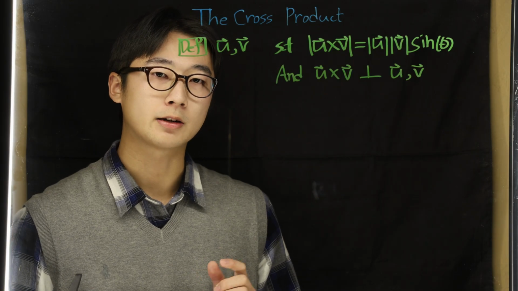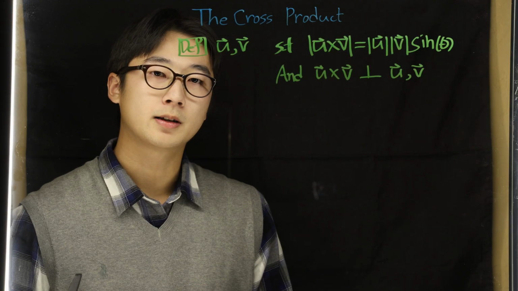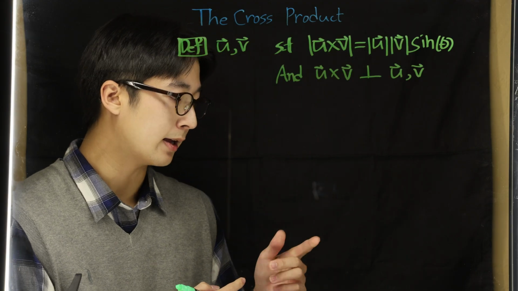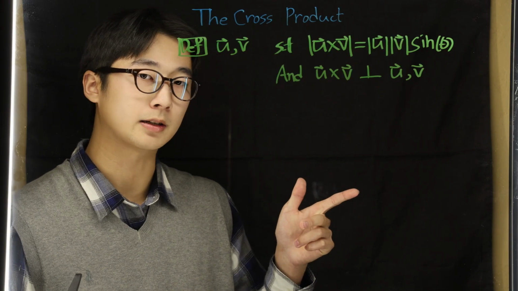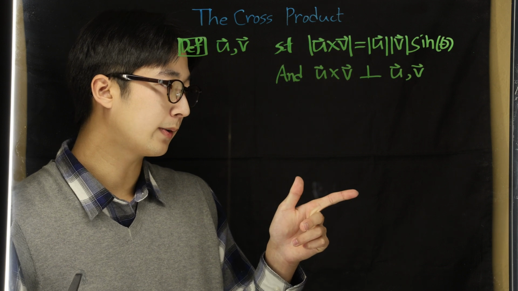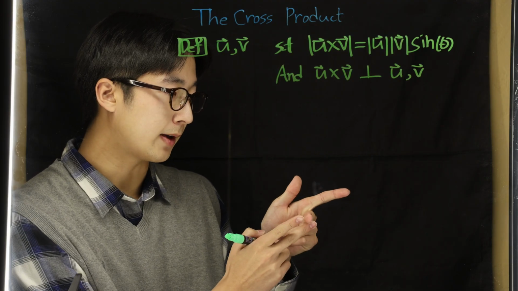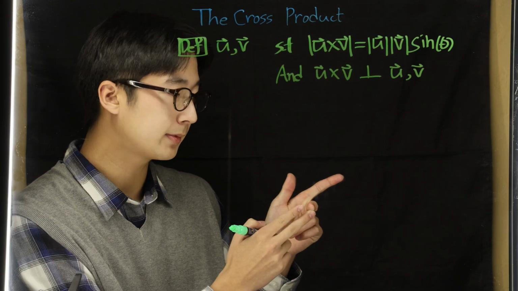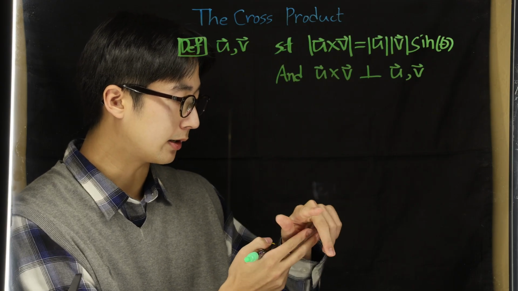If we switch the order of the cross product, let's say v cross u, not u cross v, then we can also find the direction using the right-hand rule. Since my pointer finger was the vector u and my middle finger was the vector v, now we switch the order.